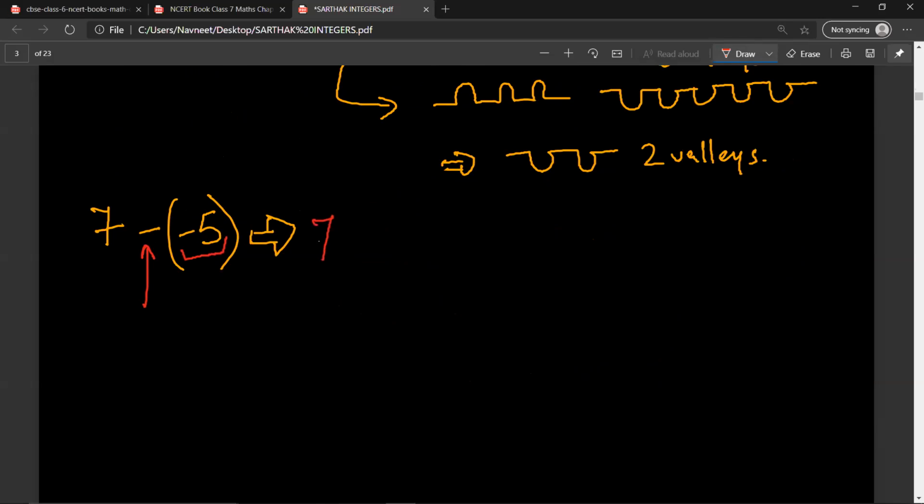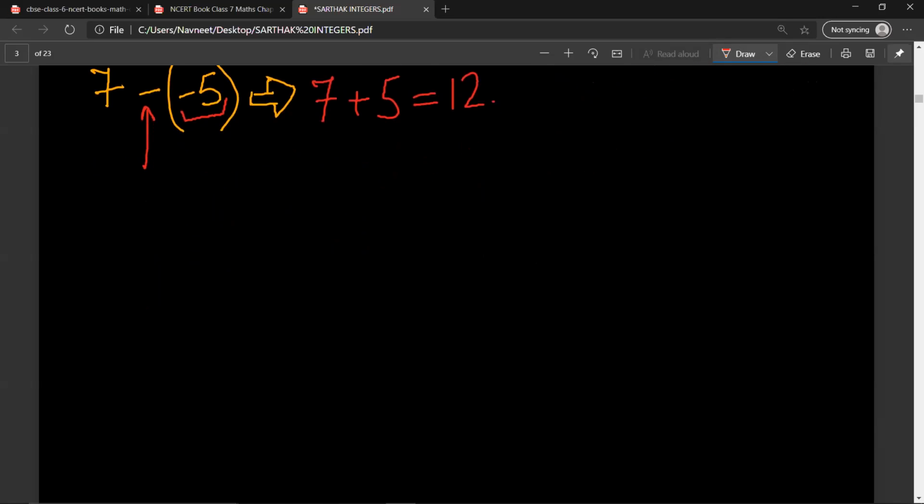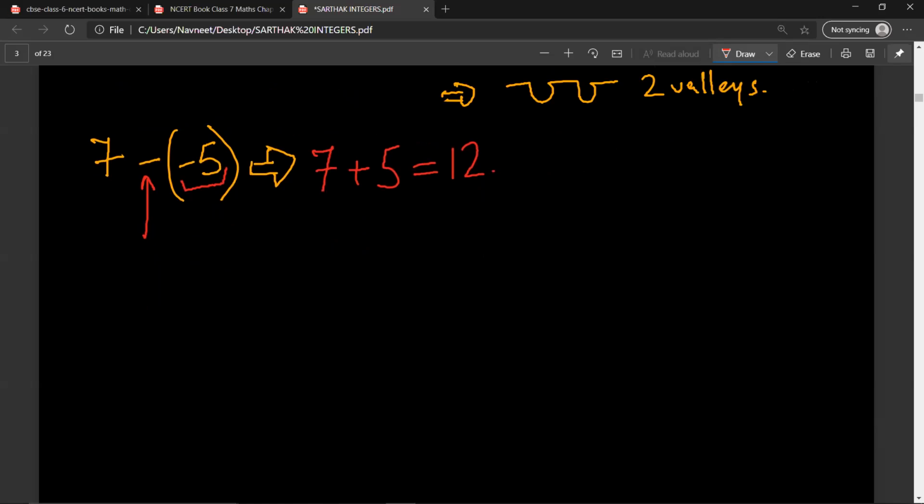So this will be equal to 7 plus 5, which is equal to 12. Yes, sir. Any confusion? No, sir. Let us take another example.